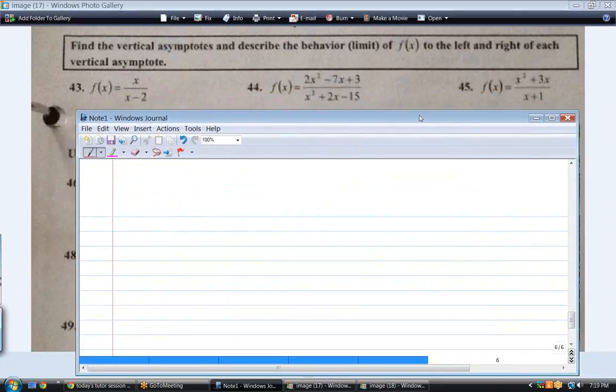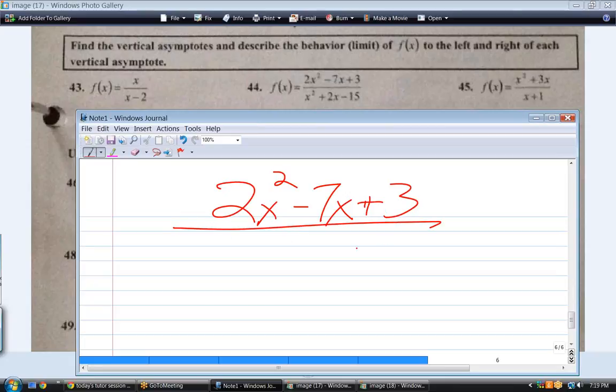All right, where is the vertical asymptote on 44? That's a little harder because you have to factor the denominator. There's a hint. Okay, factor that for me.